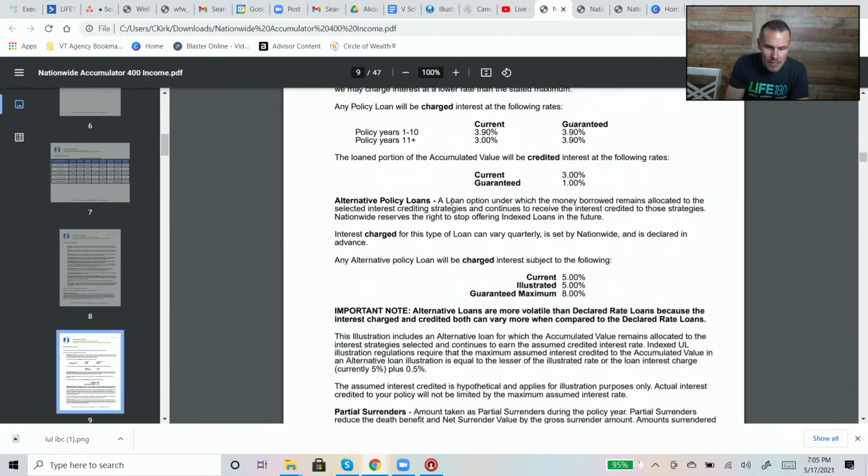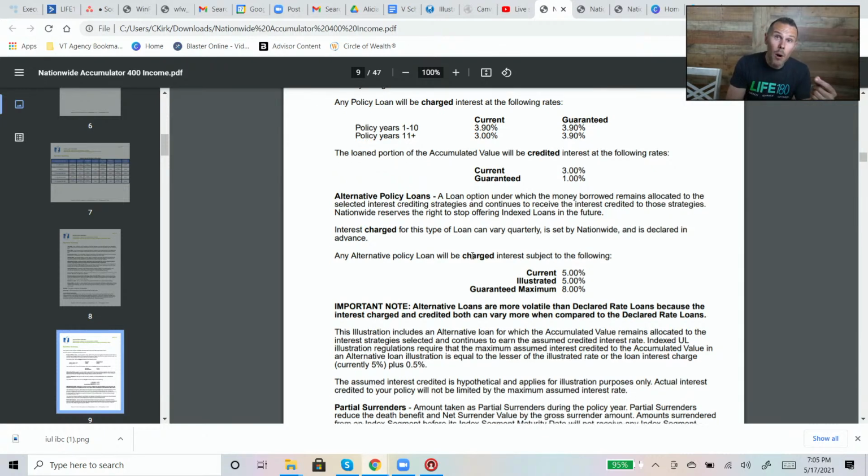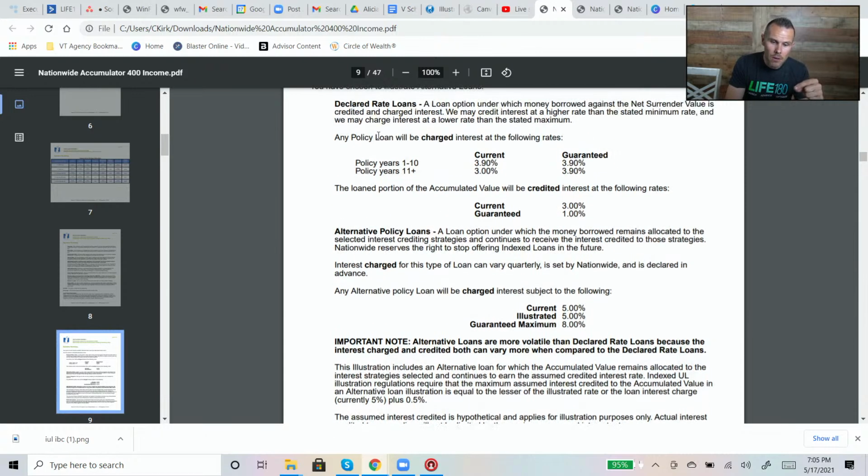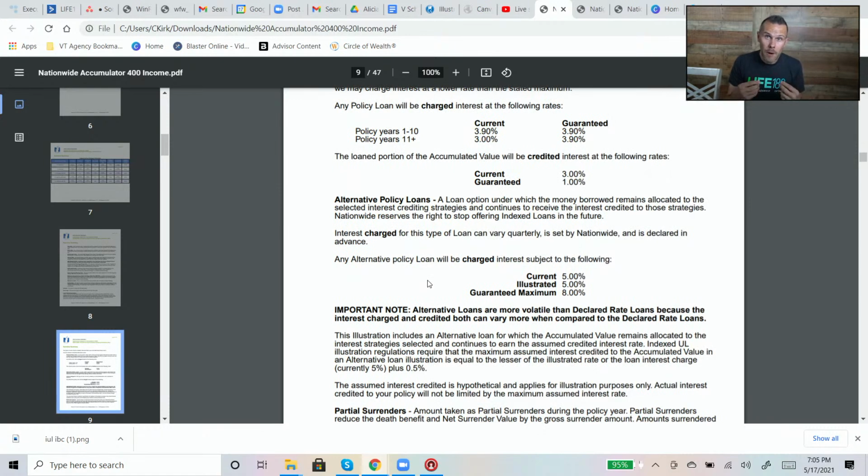Alternative policy loans, a loan option under which the money borrowed remains allocated to the selected interest crediting strategies and continues to receive the interest credited to those strategies. So alternative policy loans are policy loans where instead of a fixed wash loan, like a declared rate loan, an alternative policy loan is going to allow you to participate in arbitrage, meaning if the policy has a 10% cap rate, then you can earn up to 10%, but you're going to pay the interest in that account.